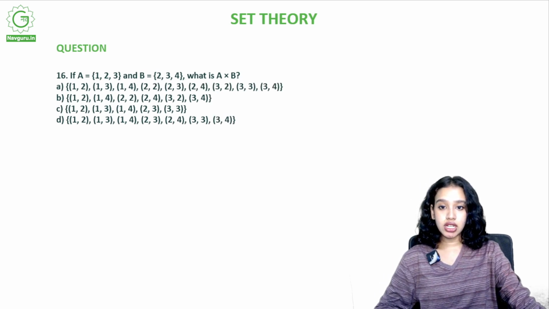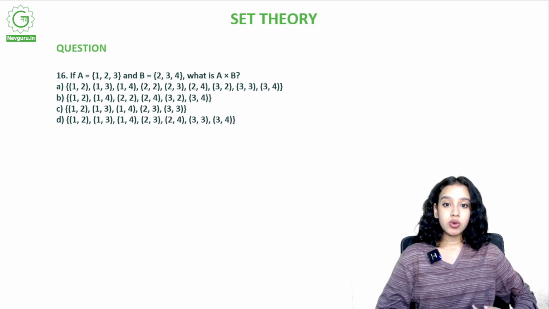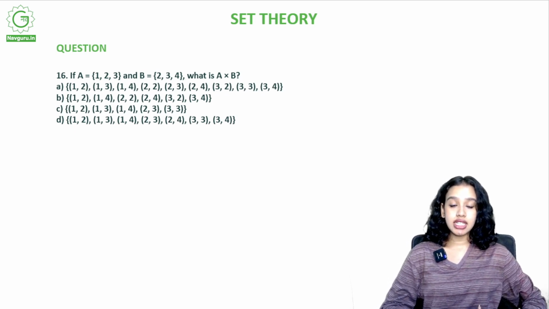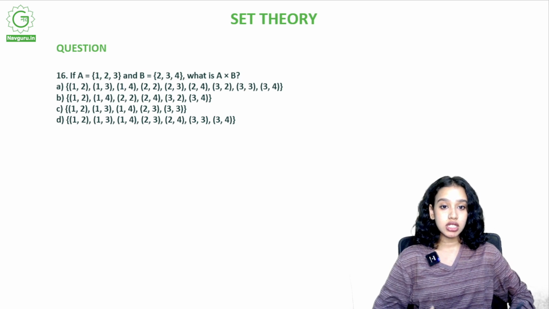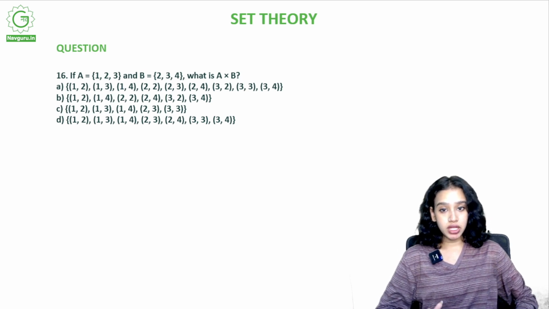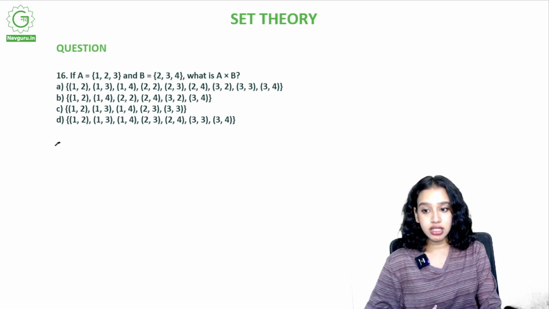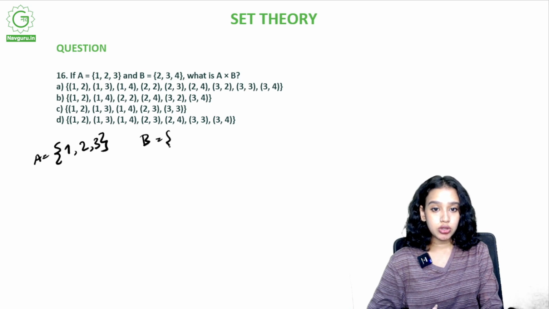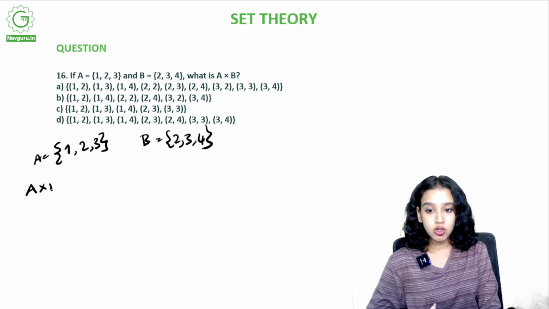Now let's move on to the next question. If A is equal to set 1, 2, 3 and B is equal to set 2, 3, 4, what is A cross B? How do we find A cross B or A into B?